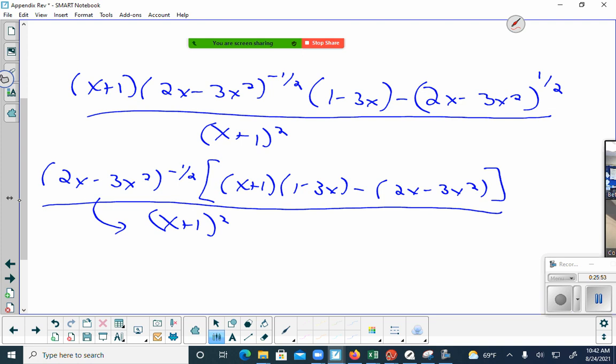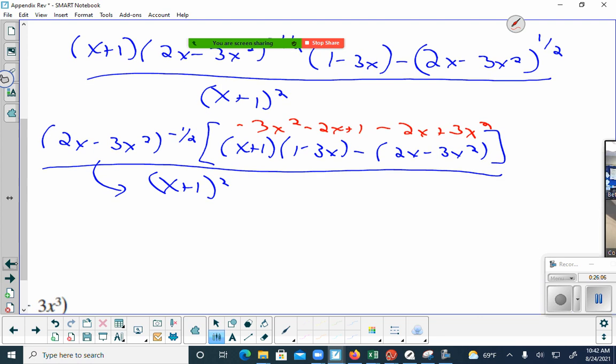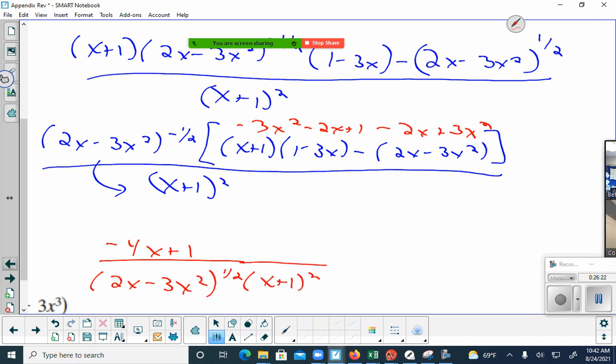Here, when I FOIL these two, I get negative 3x squared minus 2x plus 1 minus 2x plus 3x squared. Good? Then I'm going to have negative 4x plus 1 over 2x minus 3x squared to 1/2 times x plus 1 squared.